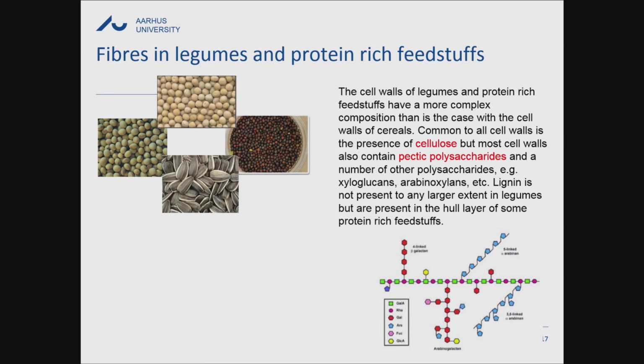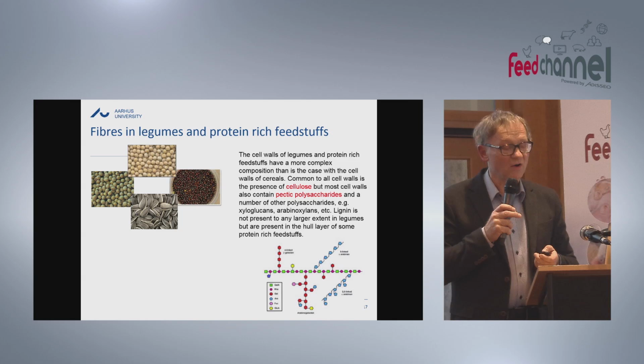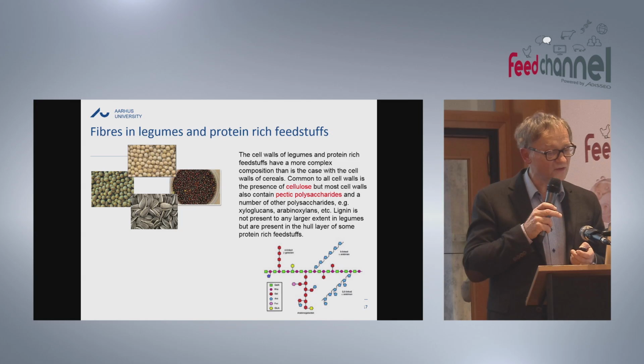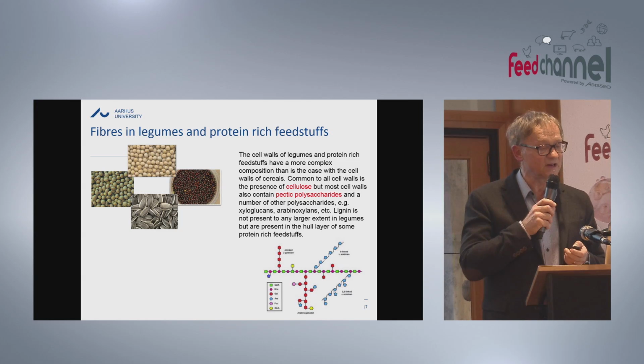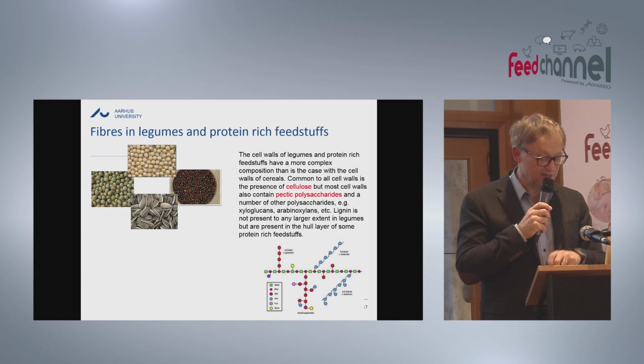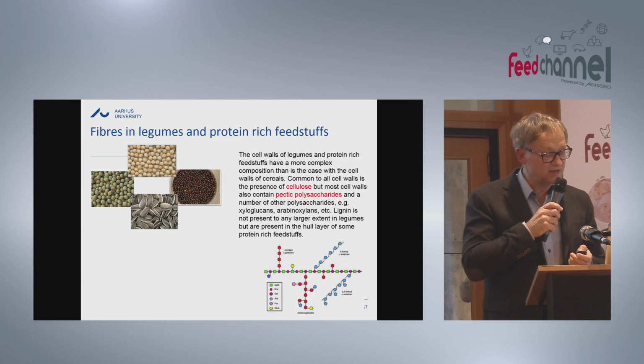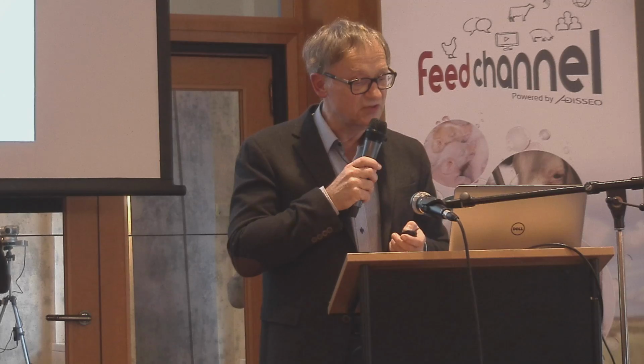Now going to the fibers in the legumes and the protein-rich feedstuffs. I must say, compared to the cereals, the picture we, or at least I, have on the protein-rich feedstuffs is not quite as clear as what we see with the cereals.